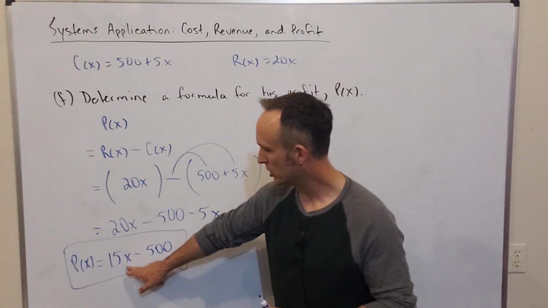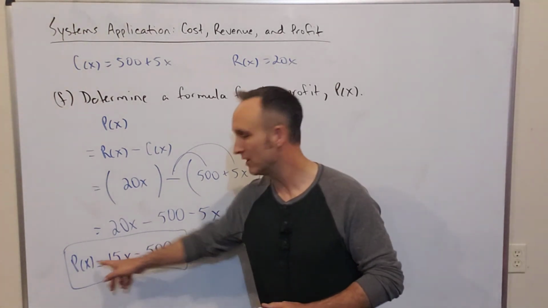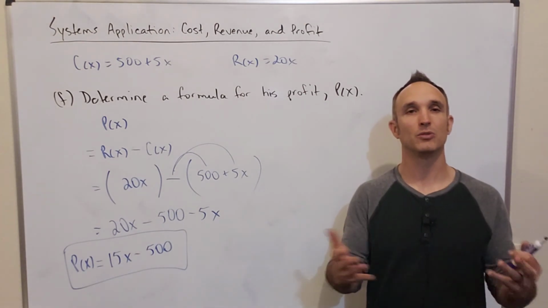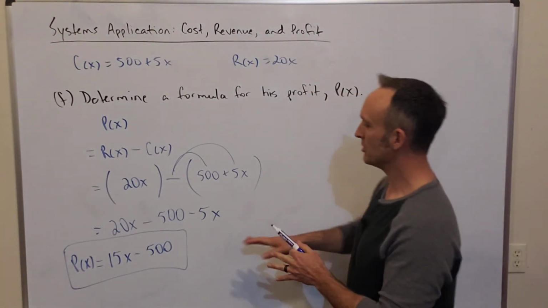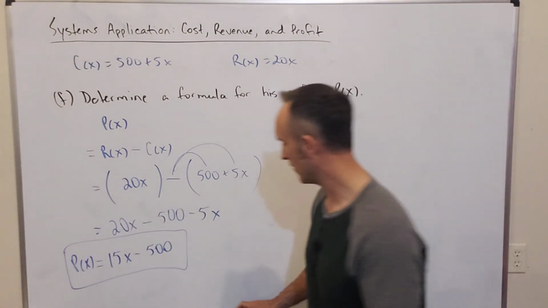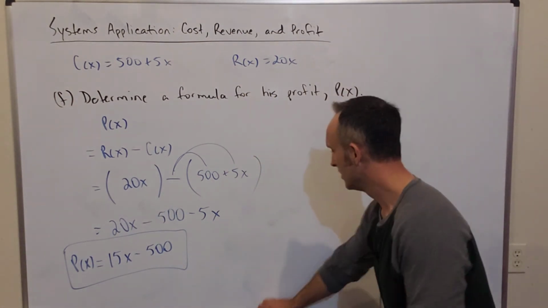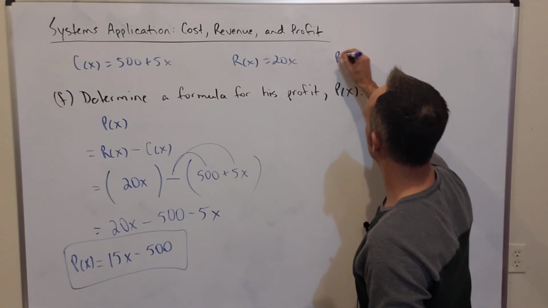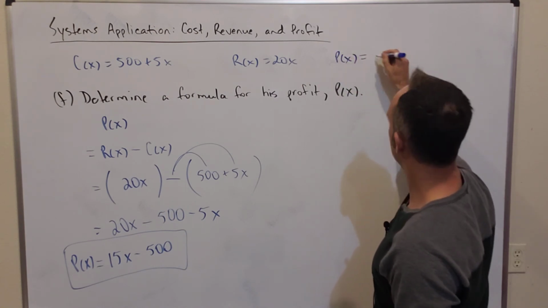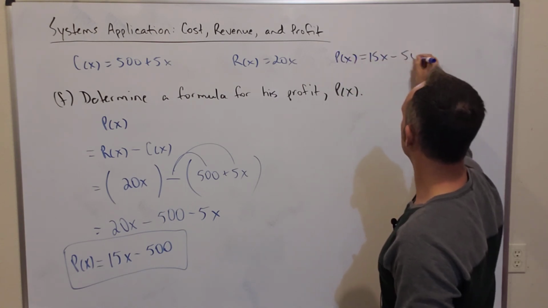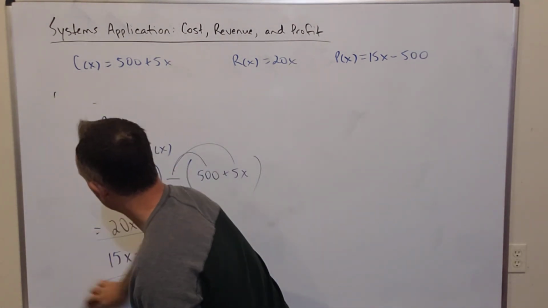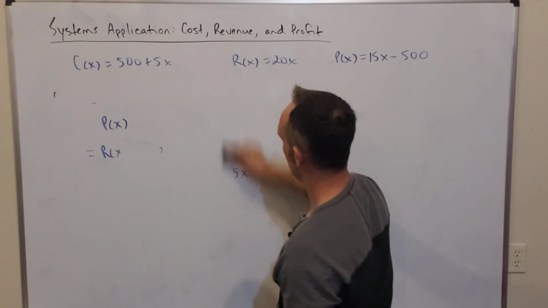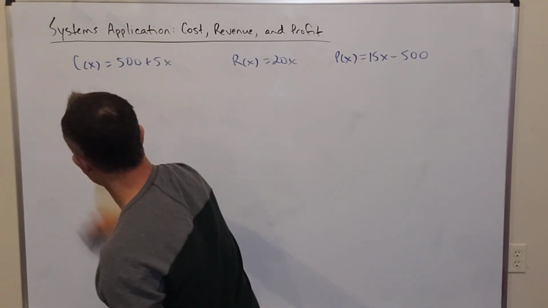We should get a profit of 0 because that's the point where the cost and revenue are equal, remember? Okay, so we can now use this function to calculate his profit in various circumstances. So let me add the profit function up here to our list so I can reference it. 15x minus 500. Okay, and again, remember for all of these formulas, X is the number of lawns, and all the formulas output dollars as well.